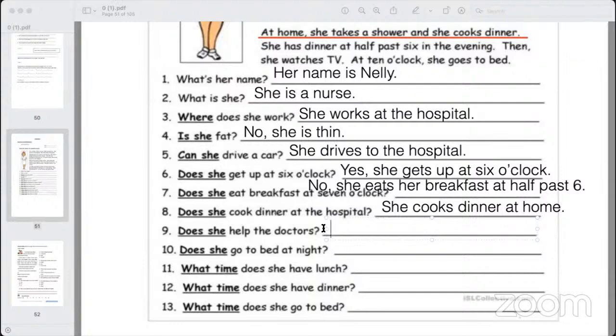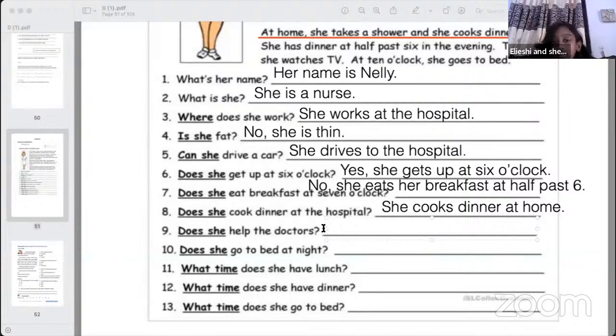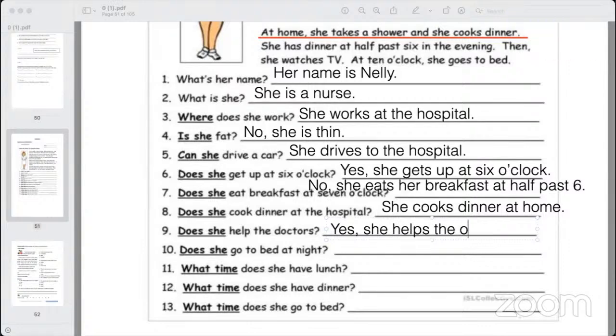So the question is asking you, does she help the doctors? Is that yes or no? Yes, she helps the doctors. Good. Well done.